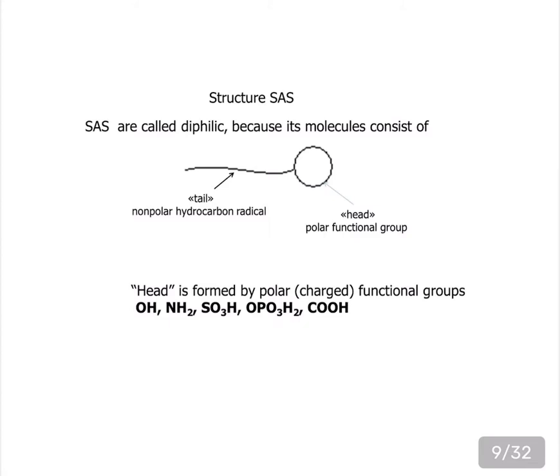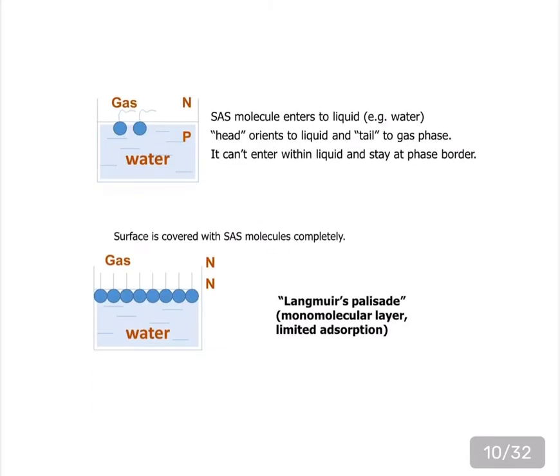So what happens if a surface active substance appears in a liquid? When a surface active substance enters a liquid, for example water, it will stay at the borderline. Water is polar and the surface active substance can't diffuse into the liquid because it has a non-polar part.